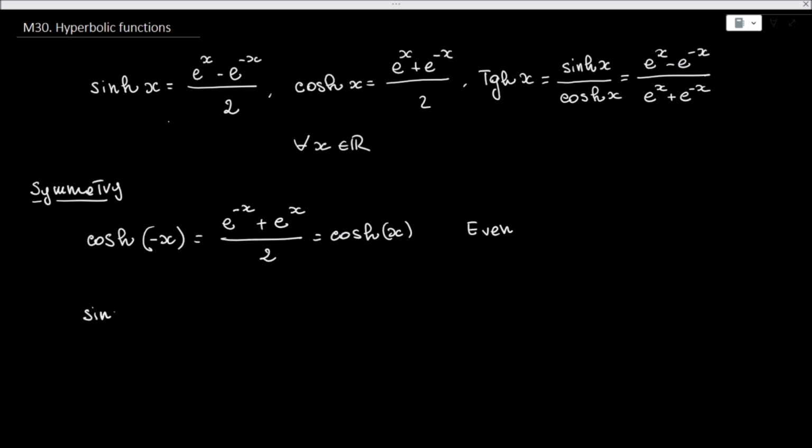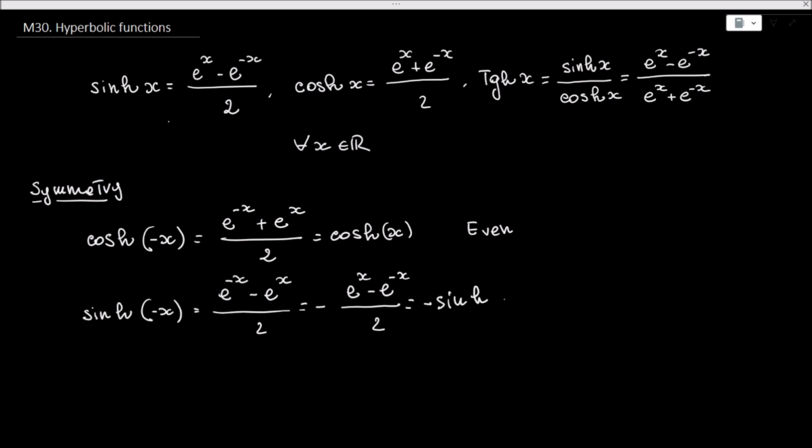So this shows that this hyperbolic cosine is an even function. Instead, the hyperbolic sine of minus x is e to the minus x minus e to the x divided by 2, which, if we put minus in front of the fraction, we get e to the x minus e to the minus x divided by 2, and this proves that the hyperbolic sine of x is an odd function.